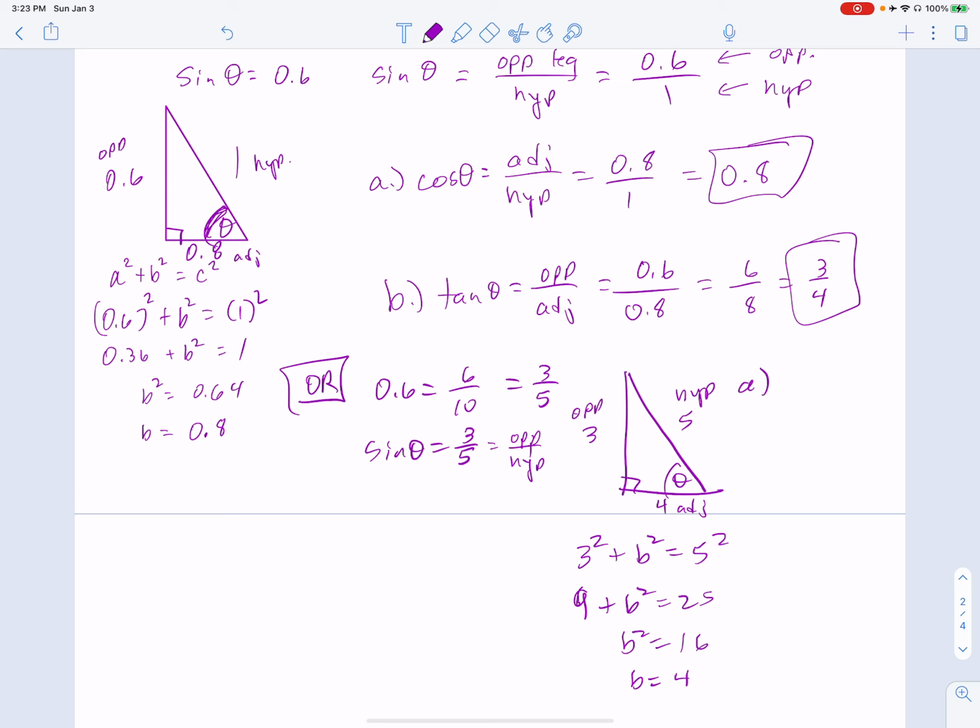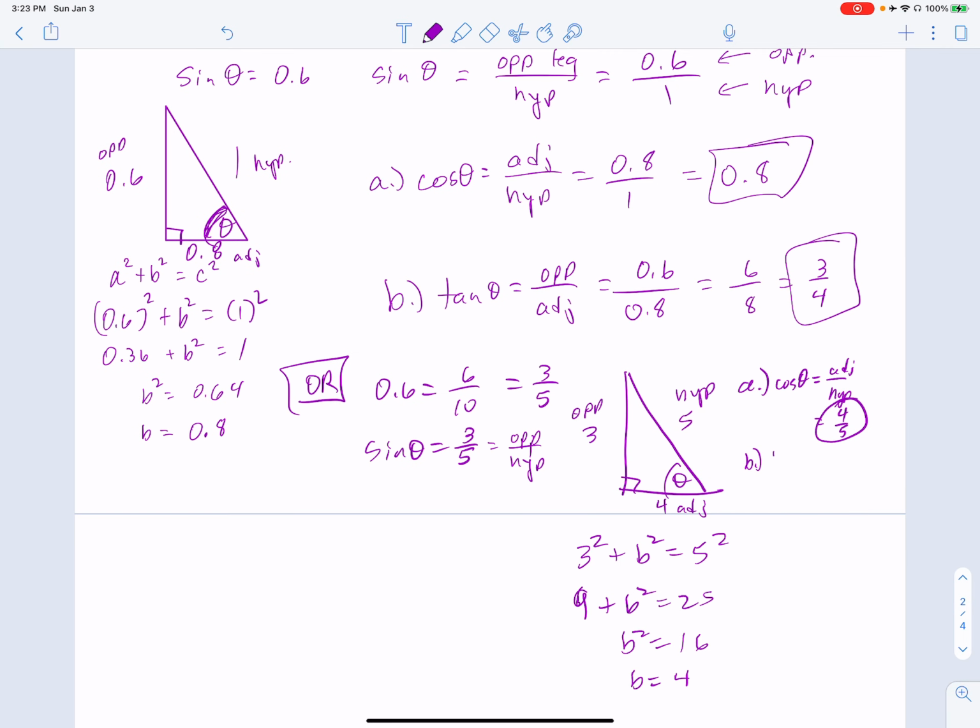So this is adjacent, this is opposite, and this is your hypotenuse. And then I could do cosine of theta is adjacent over hypotenuse. And that would give me 4/5, which is the same as 0.8.